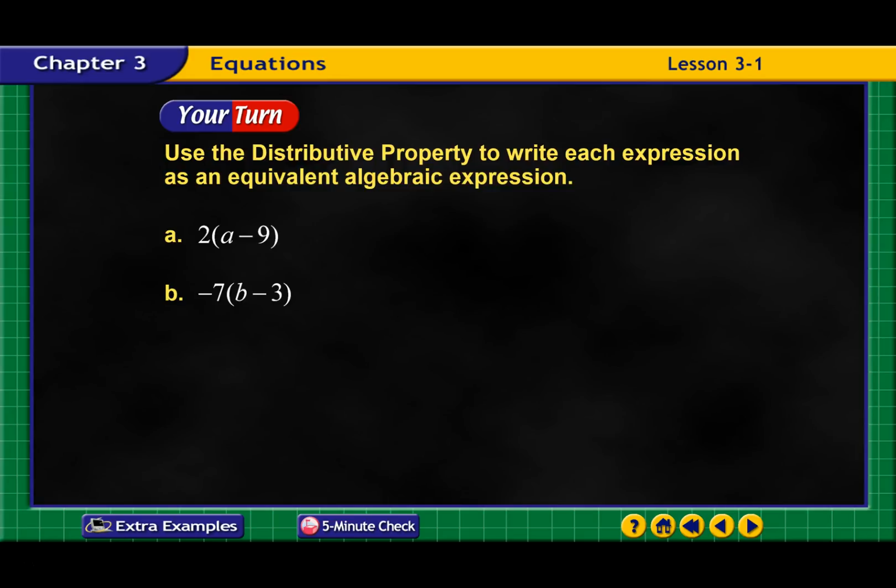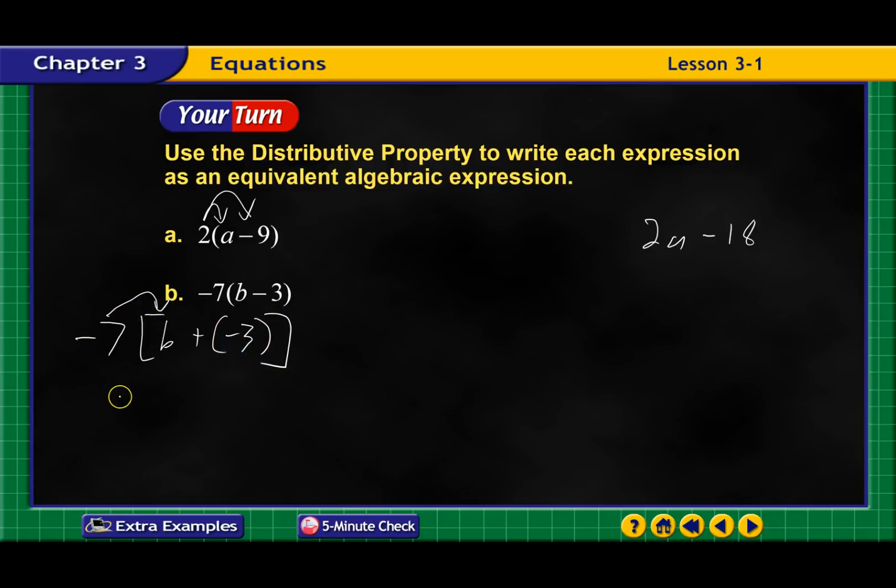All right, going across here, I'm going to do this one the quicker way. 2 times a is 2a. 2 times a negative 9 would be a negative 18 because it's a positive times a negative. All right, down here, we'll do the whole thing out. So they want us to rewrite it first. Negative 7, b plus a negative 3.